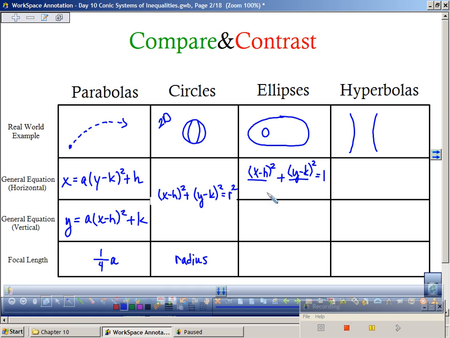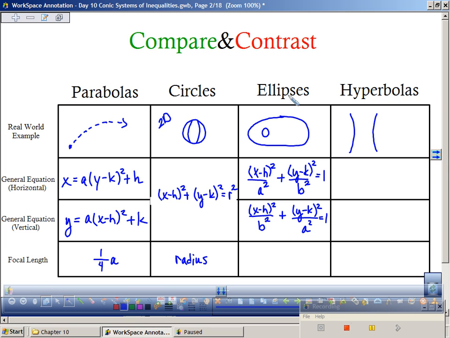And if it's horizontal, that means that A is associated with X and B is associated with Y. So what's the difference about vertical? Switch the A and B. So x minus h squared over b squared plus y minus k squared over a squared equals 1.